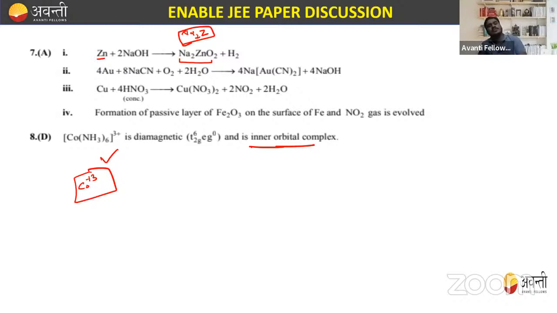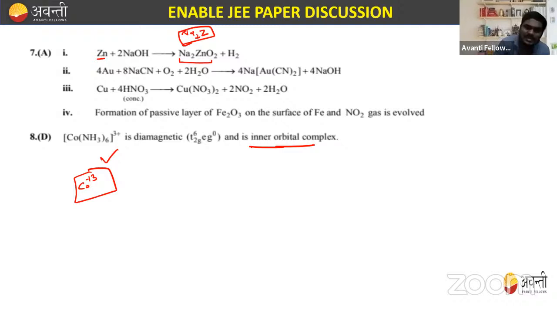But in the case of a metal having a higher oxidation state, because in this question all ligands are the same, ammonia, ammonia, ammonia, and ammonia, but cobalt has the +3 oxidation state. As the charge or oxidation state on the central atom increases, it forms an inner orbital complex, which means more splitting energy.